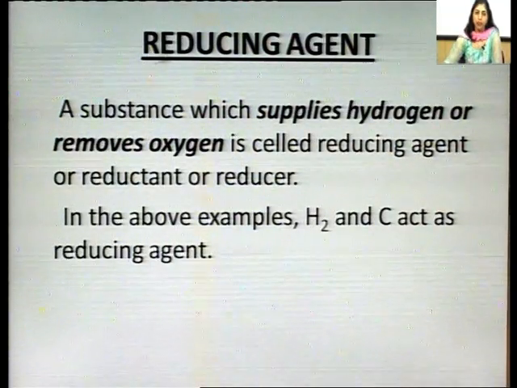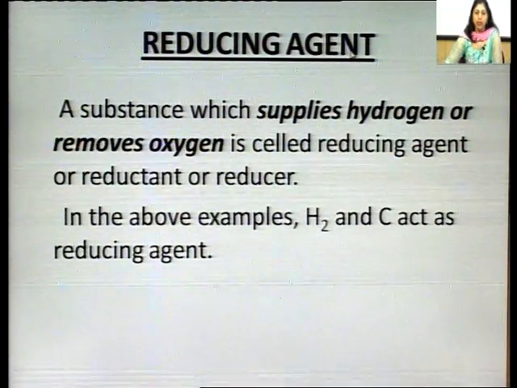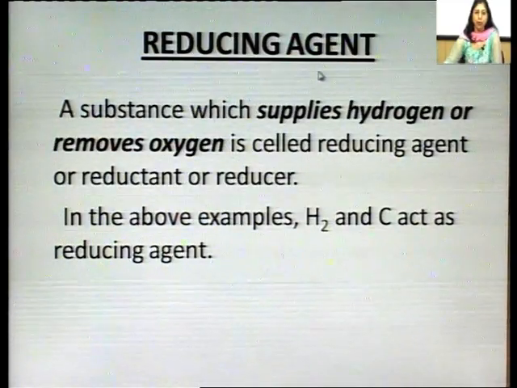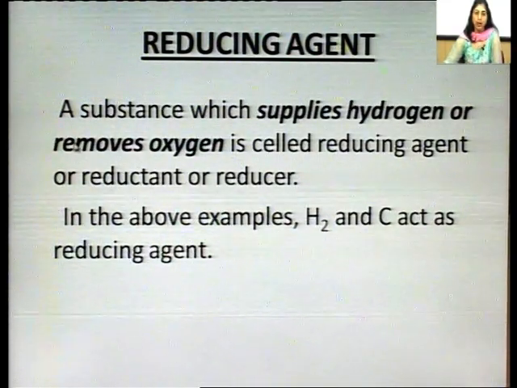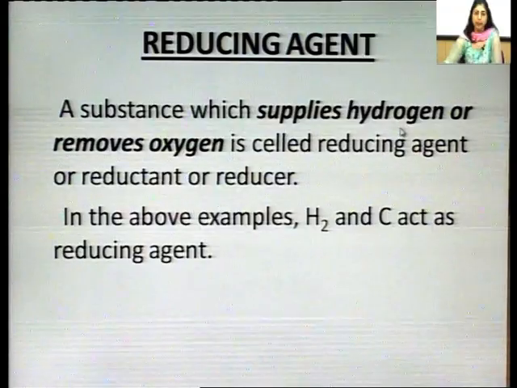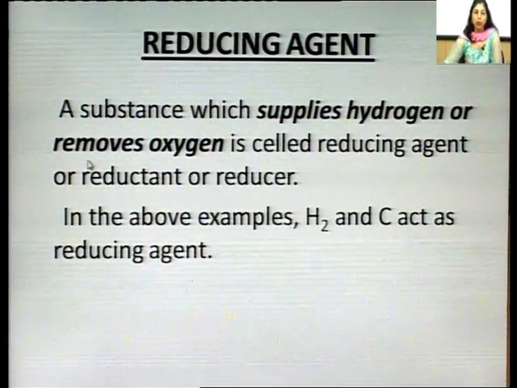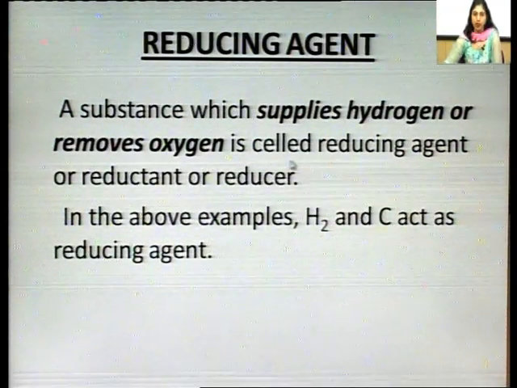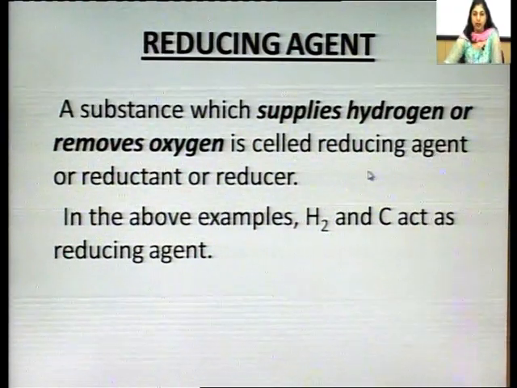Next is reducing agent. Again it is just reverse of oxidizing agent. A substance which supplies hydrogen or removes oxygen is called reducing agent.